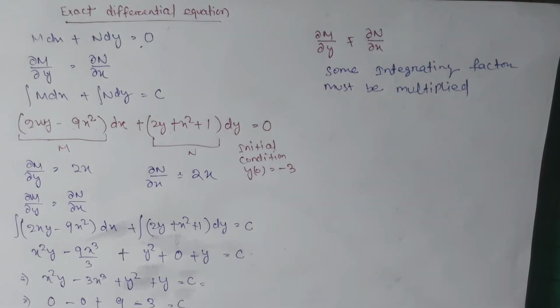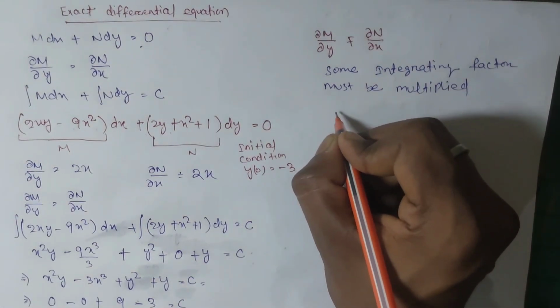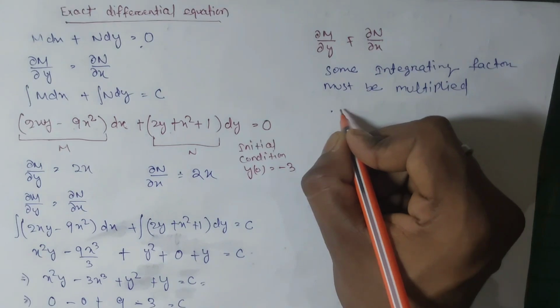And there are different types of methods. Basically there are 4 methods to convert a non-exact differential equation into an exact differential equation. So first let us take the integrating factor.